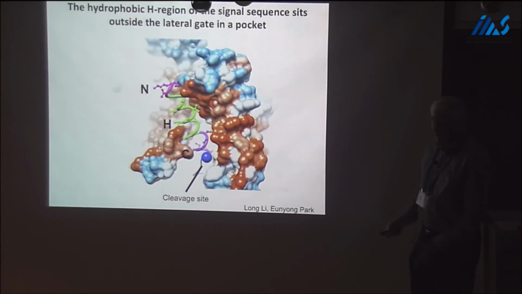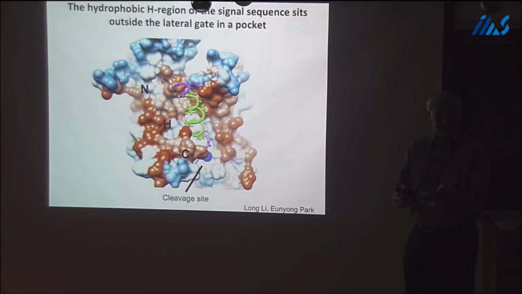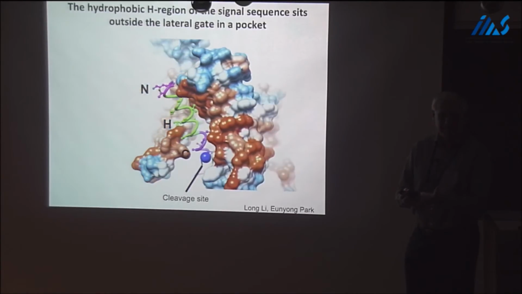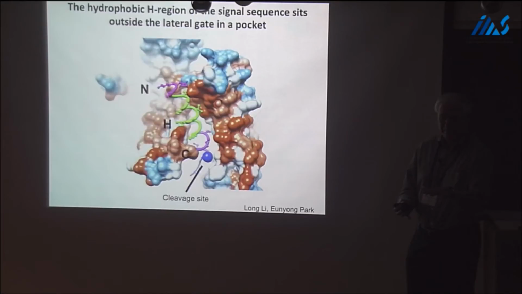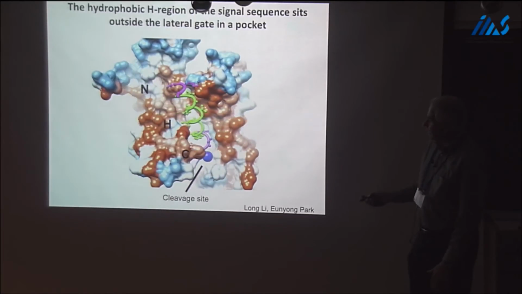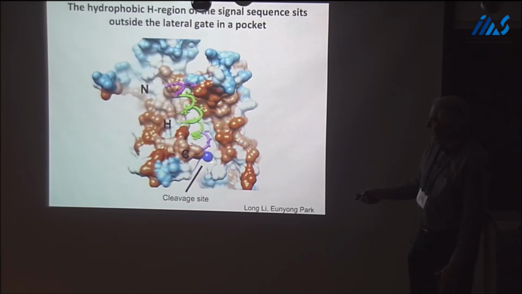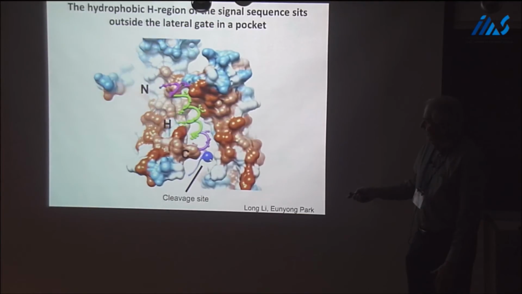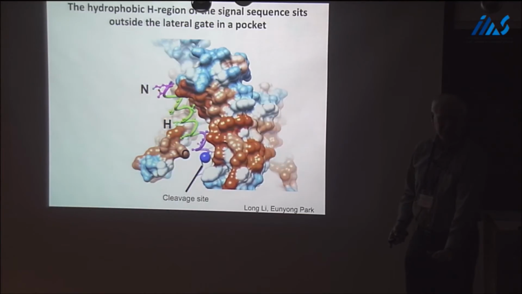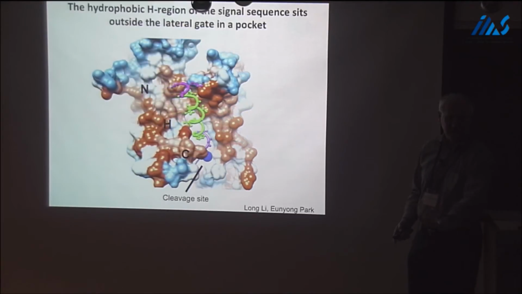It turns out to be right inside the channel, and it would not be accessible by the signal peptidase that cleaves off the peptide. So we have to assume that at some point there will be a conformational change in the signal sequence that would move this cleavage site towards the extracellular space so that signal peptidase can cleave it off.